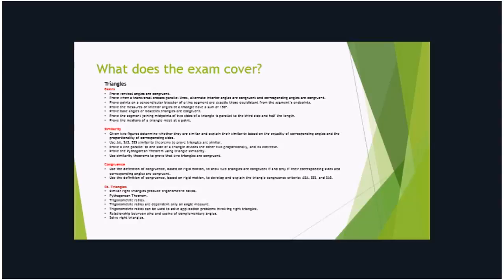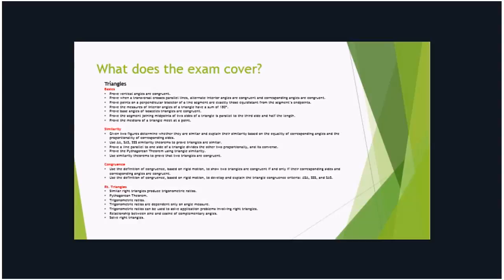So the first thing I want to do is quickly talk a little bit about what the topics are that are going to be covered on the exam. The first topic is triangles, and this is the student's first introduction to geometry. It's basically broken down into 4 parts. I'm not going to read all of them to you.